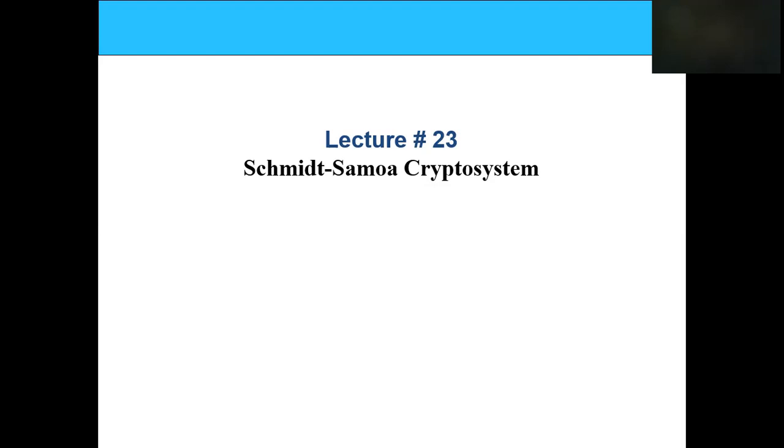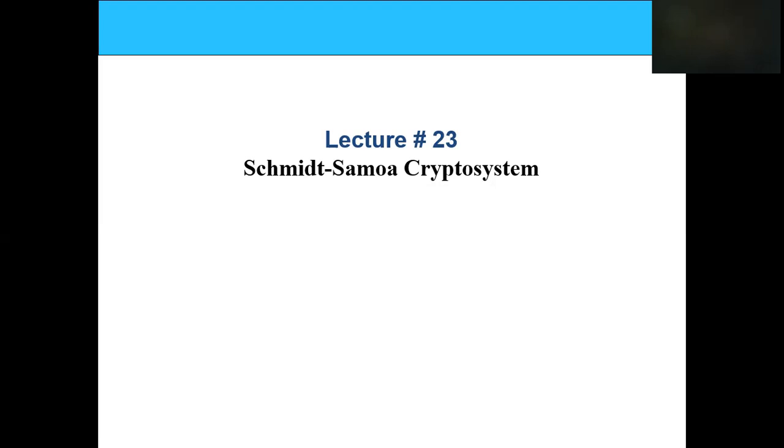But here in the Schmidt-Samoa crypto system, the sets of plain text and ciphertext are not the same. It means the number of inputs and outputs are not the same. So in that case, how can we perform our simulation?